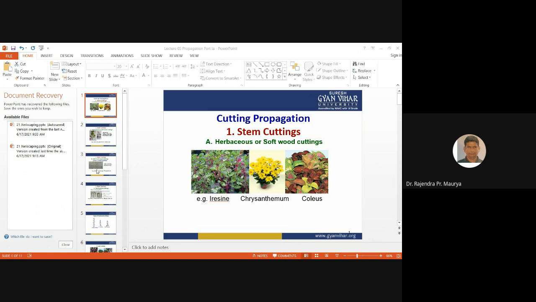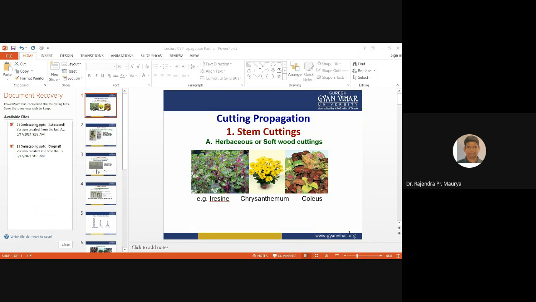The length criterion for semi-hardwood cuttings is 7.5 to 15 centimeters, and similar to the last one, it must include several nodes. In herbaceous or softwood cuttings, the upper cut contains the meristem or apical bud.